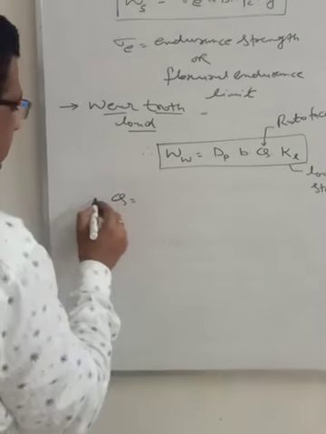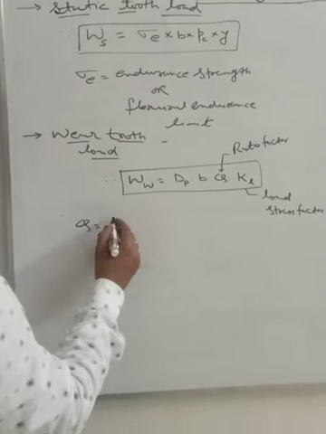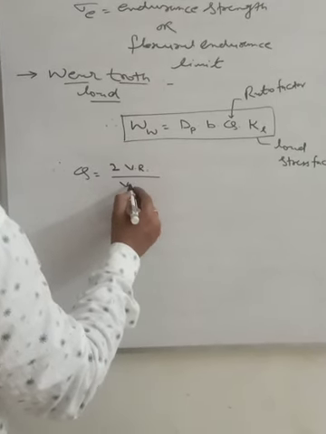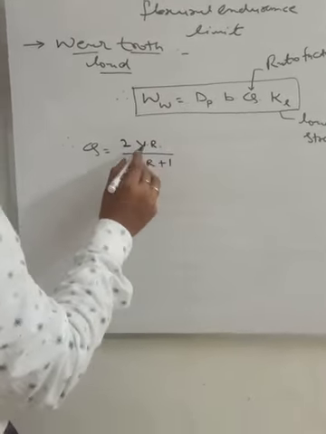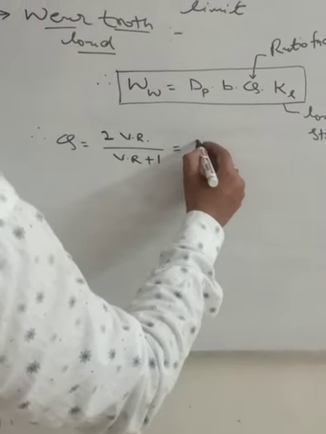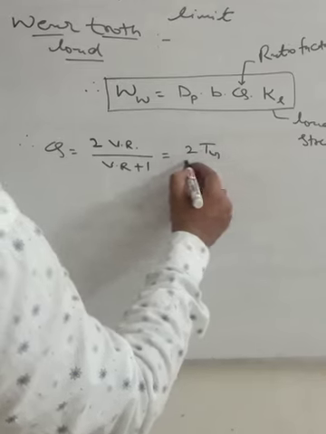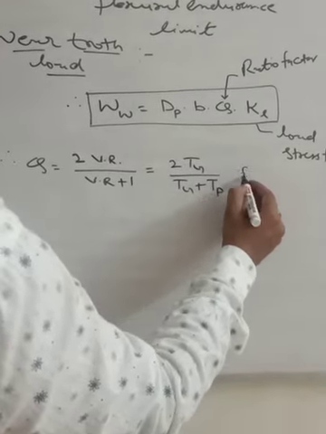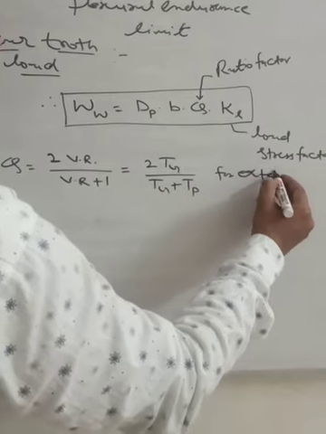Now this Q is mathematically given by twice into Vr upon Vr plus 1, where velocity ratio Vr is Tg by Tp, so it is equal to twice Tg upon Tg plus Tp for external gearing.